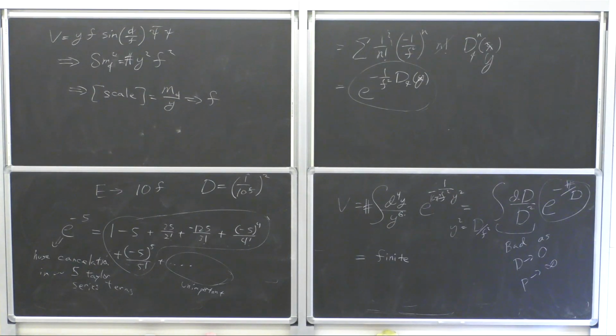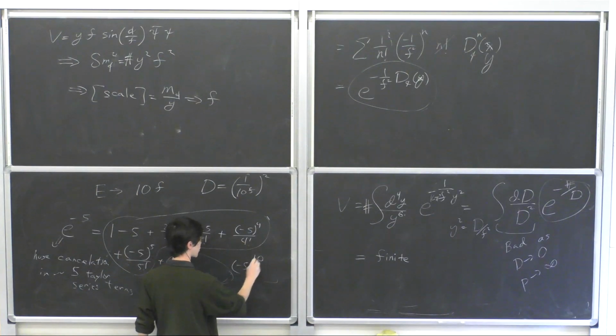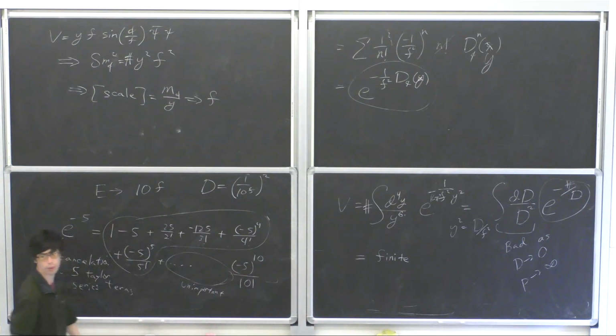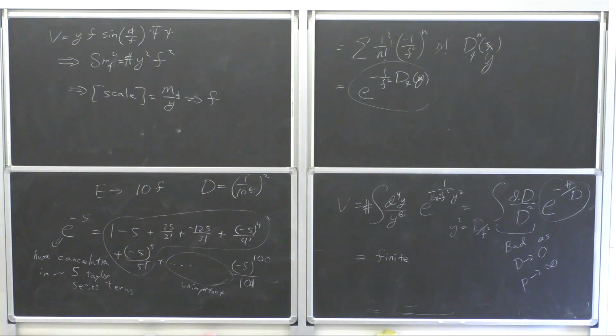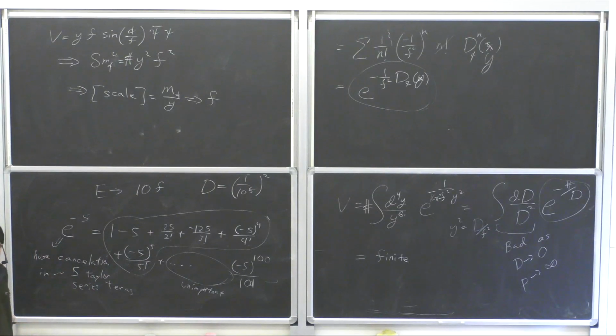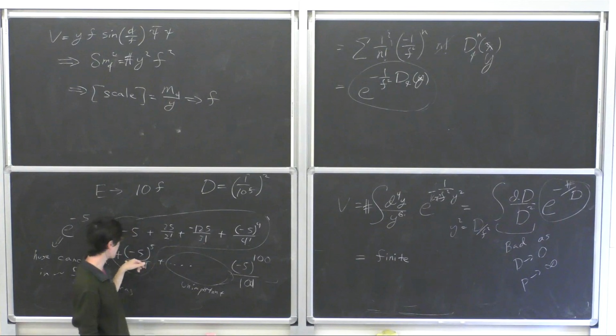But afterwards, when you have like minus 5 to the 10th over 10 factorial, this 10 factorial is huge, and so you're getting a very small number. Okay, maybe let's do 100 to make it even more obvious, right? And so these higher order terms are unimportant, but these first 5, 10 guys are important, meaning that the first 1, 2, this is 0 additional loops, 1 loop, 2, 3, 4, 5.